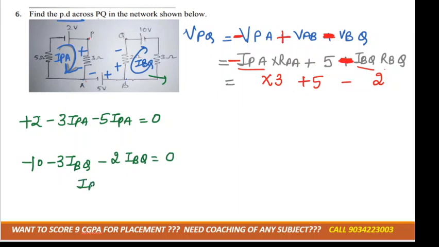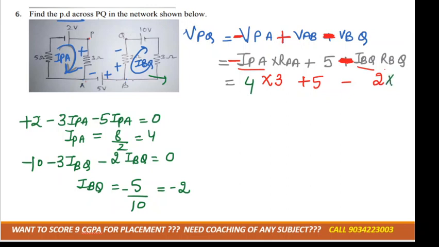If we solve it, we'll get IBQ is equal to 5 divided by 10, that is minus 2. And if we solve it, then we'll get IPA would be equal to 8 divided by 2, that is 4, right? So here it is 4 ampere and here it is minus 2, so we'll write down minus 2 only.